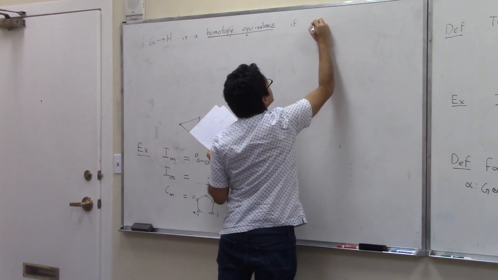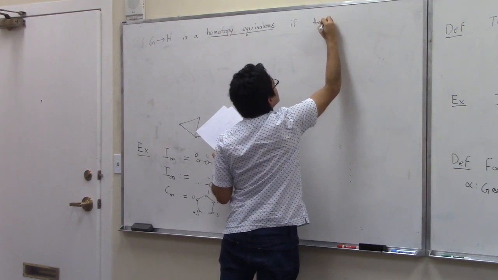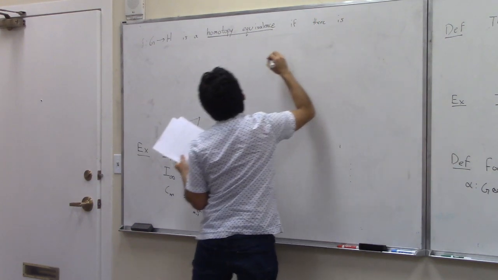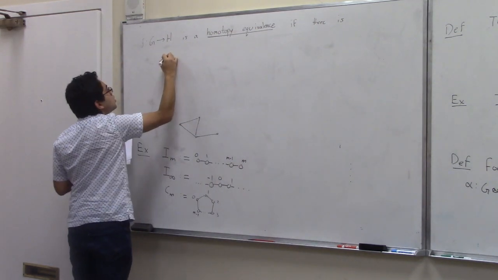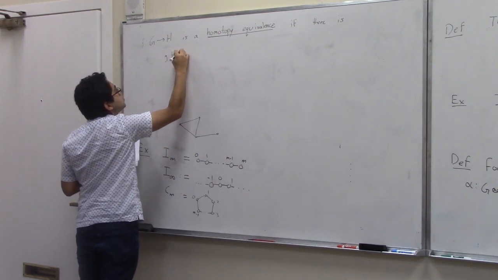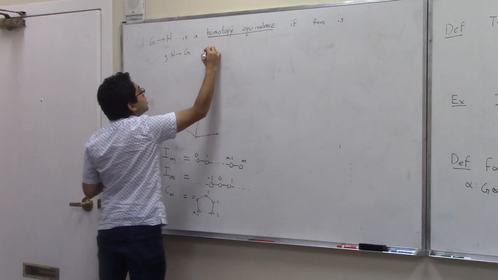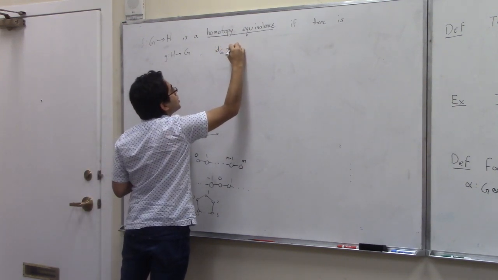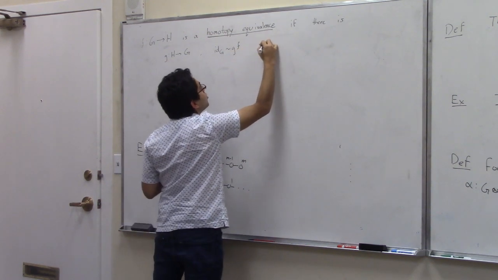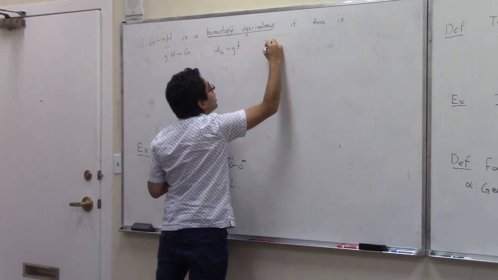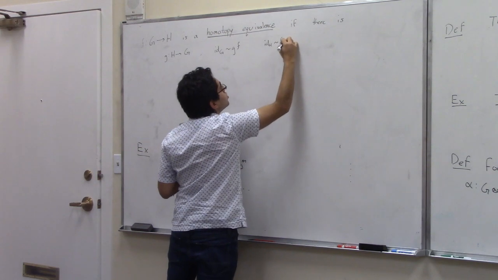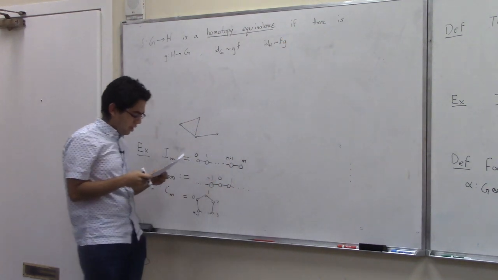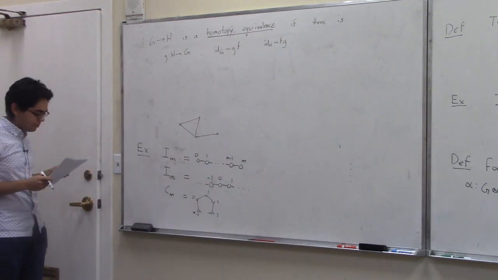So if there is, say, G from H to G, a homotopy from, say, the identity on G to the composite GF, and a homotopy from the identity on H to the composite FG. OK.